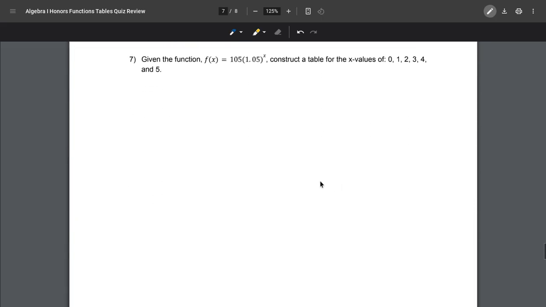All right, next one we have a function f of x equals 105 times 1.05 to the x power. So it's an exponential function. And we want to create our table for values 0 through 5.